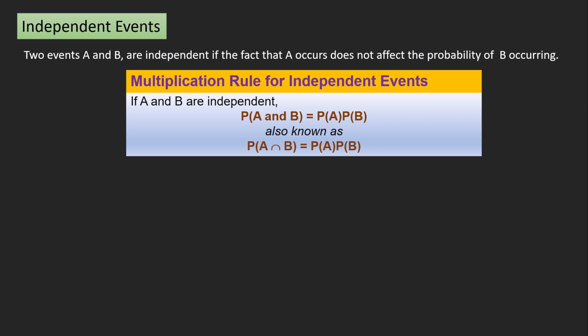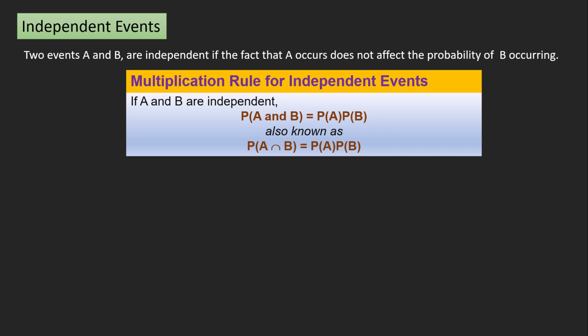What is the meaning of if and only if? It means we can consider both ways. First one, if A and B are independent, this is satisfied. If this is satisfied, that means probability of A and B equals probability of A times probability of B, then we can say A and B are independent.